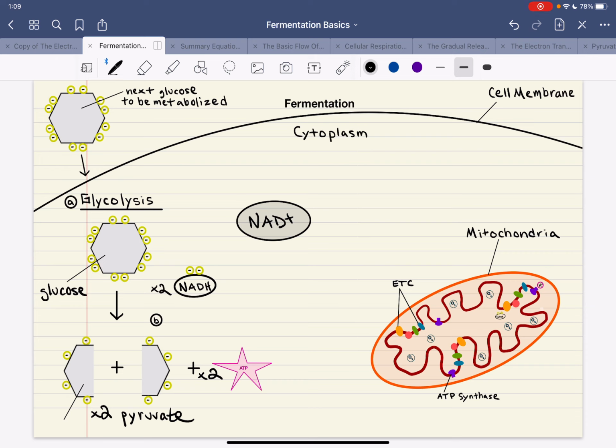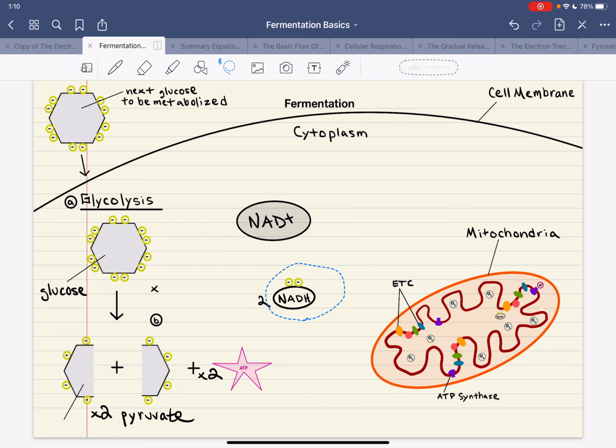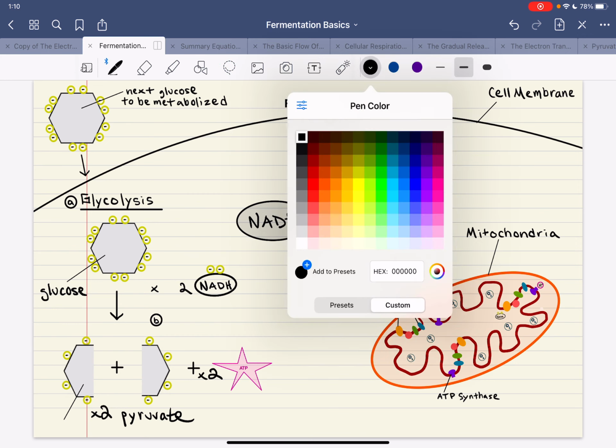What it normally would do, if you remember from the last video, is your NADH would be shuttled into the mitochondria, and specifically it would donate its electrons to the ETC, and those electrons would be used to generate a massive amount of ATP, specifically 28 molecules of it.